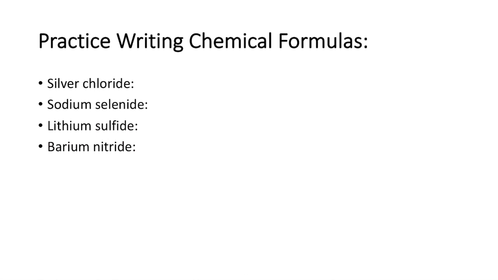Okay, next set of examples here, practice writing formulas for the following. I'll do the first one and then pause here, and I have the answers on the next slide. So silver chloride, we've got our ions, Ag for silver, which has a 1 plus charge, Cl, which has a 1 minus charge.